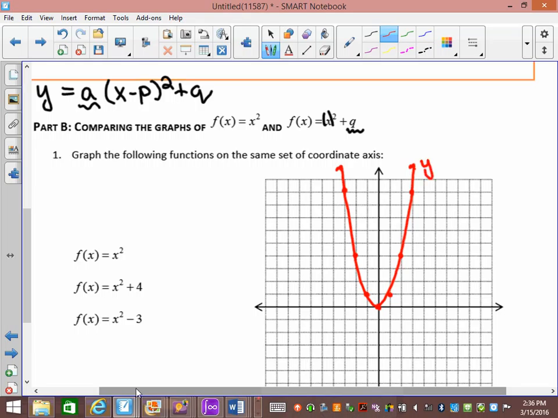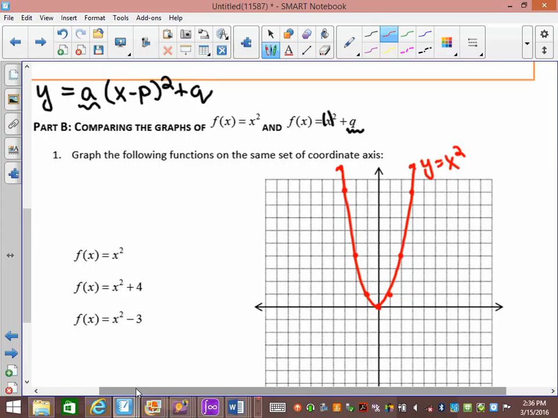So we get our y equals x squared graph. All of our graphs are compared to this basic y equals x squared graph. Any graph that has anything added onto the x squared is just a transformation, just a movement of the x squared graph.